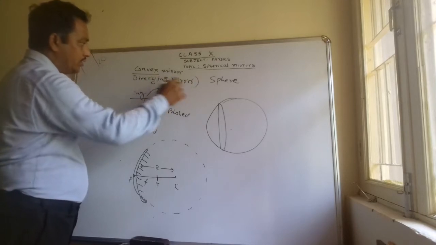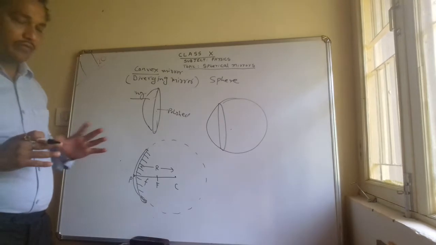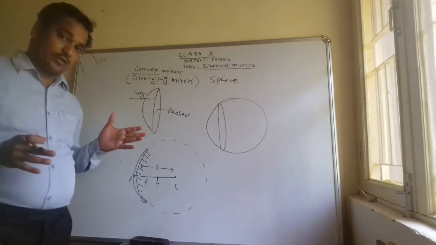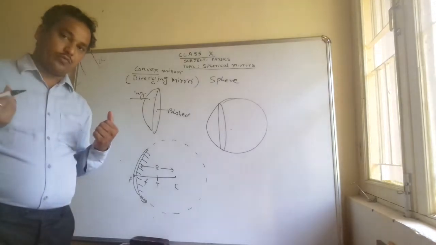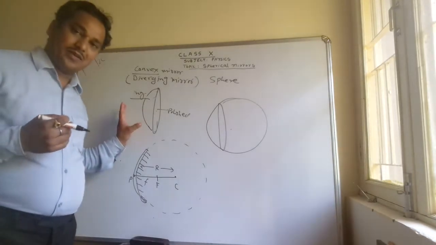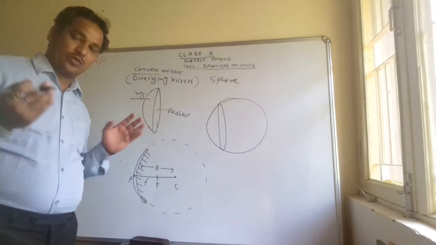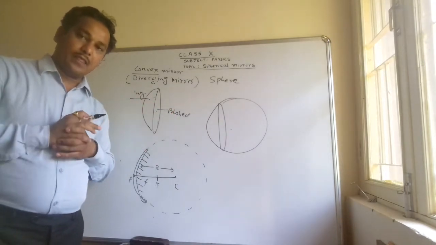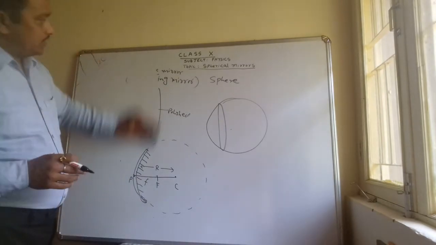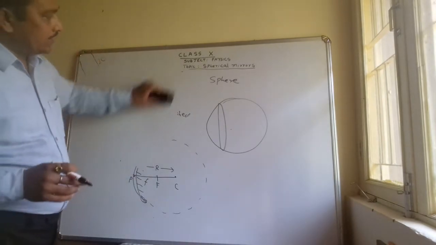It is also called a diverging mirror because it diverges the light. Like the driver is seeing all the vehicles behind, whatever is coming. So we are using a convex mirror beside the driver's seat to get a larger view of the environment, right? Now, let us come to the new Cartesian sign convention.